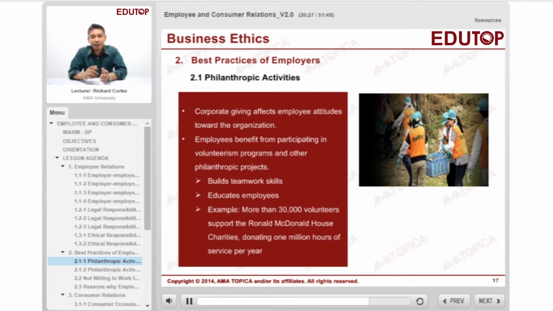In 1 year, they do 1 million hours of volunteerism work rendered to a certain community within the premises of the company. So it means that, wow, all employees are doing their share. All companies, I guess, should always do philanthropic activities.